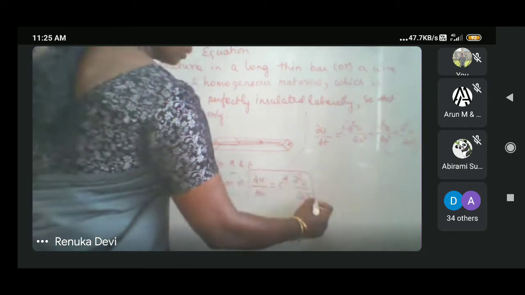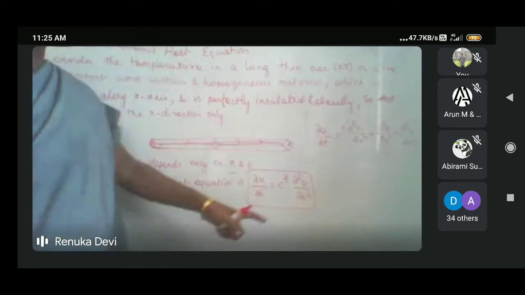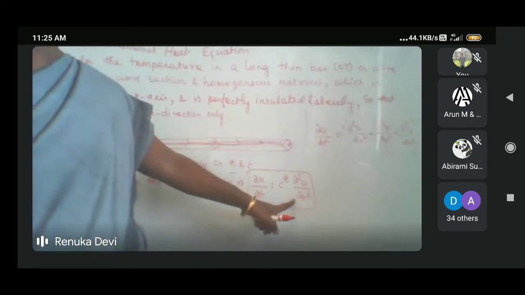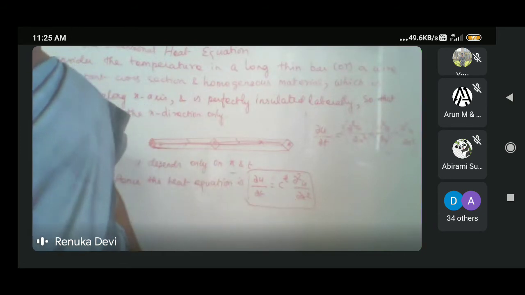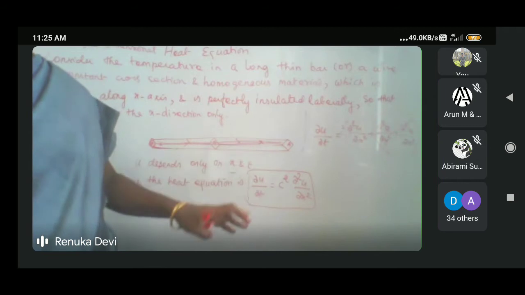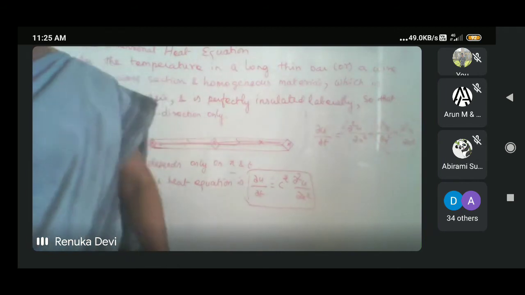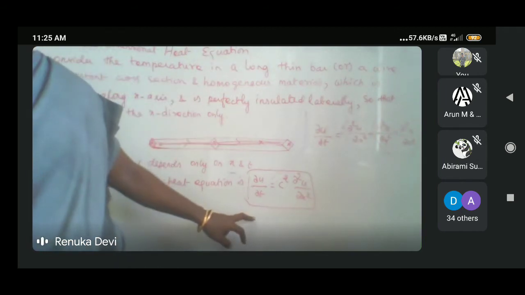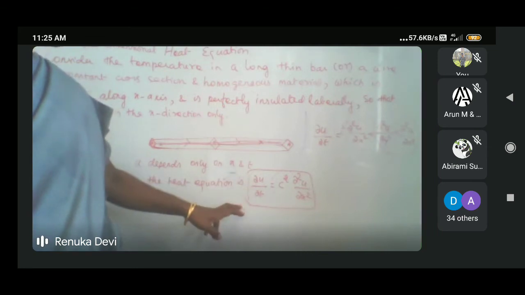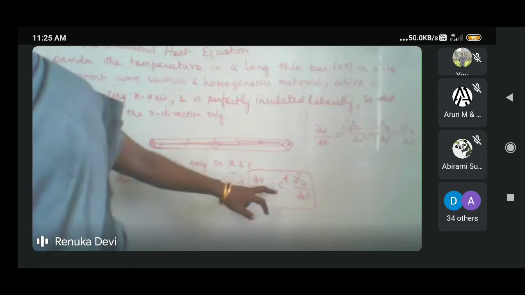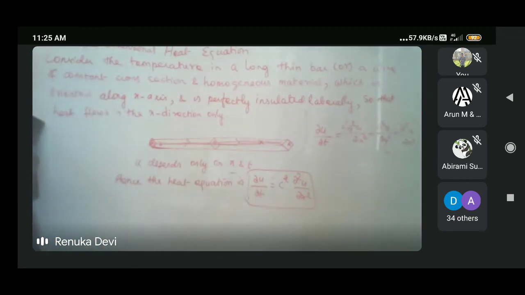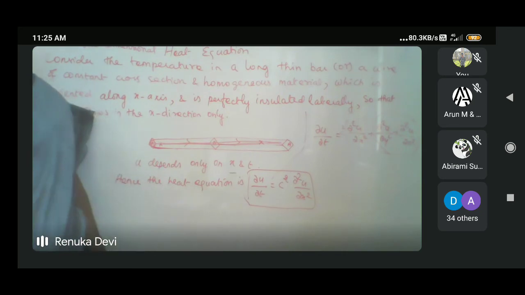It is one dimension because only one-directional motion is possible here, along the x-axis alone. There is no other motion of the heat. So we have to solve this equation by means of Fourier series or Fourier transform.